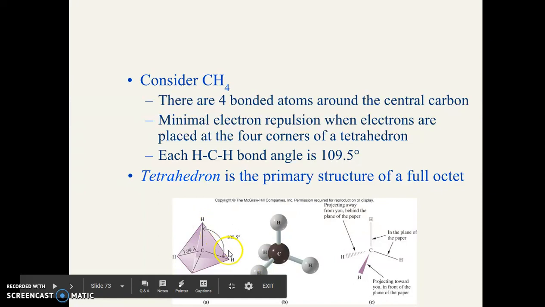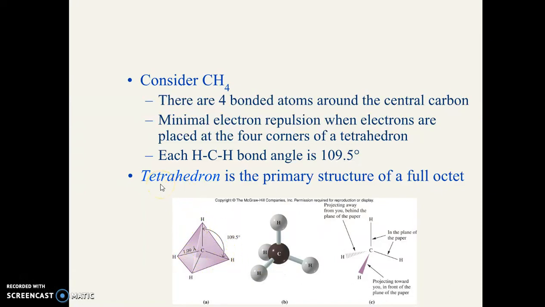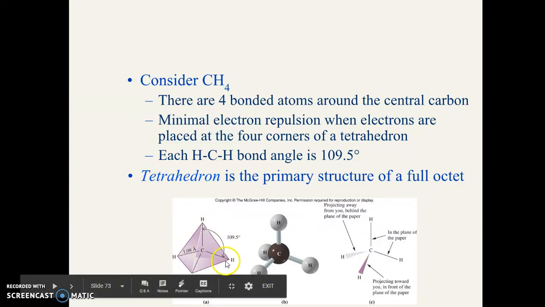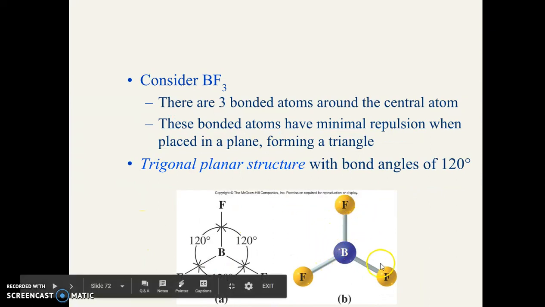So if you were to connect them all together, it looks like this pyramid shape, and this is what we call a tetrahedron. And the bond angle between each of these is going to be 109.5 degrees. So they spread 109.5 degrees out away from each other, which is a little bit different than this, where they are spread out to 120 degrees.